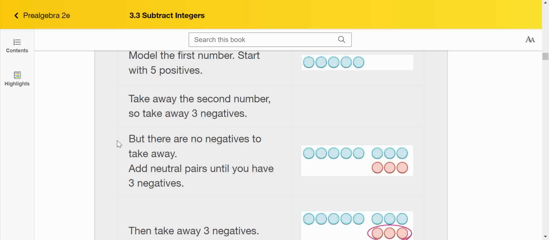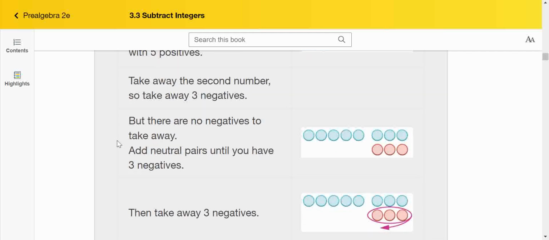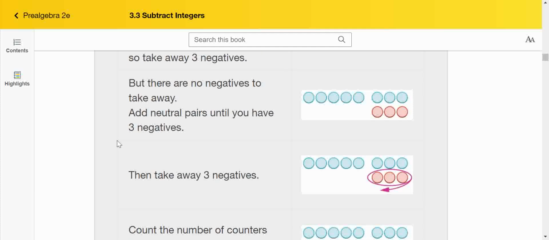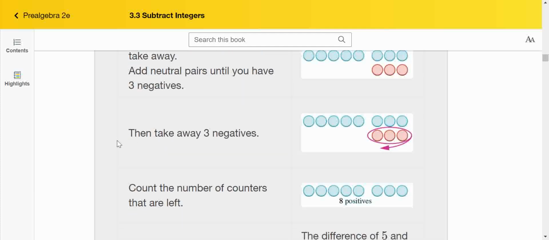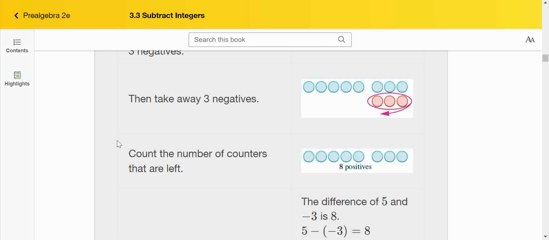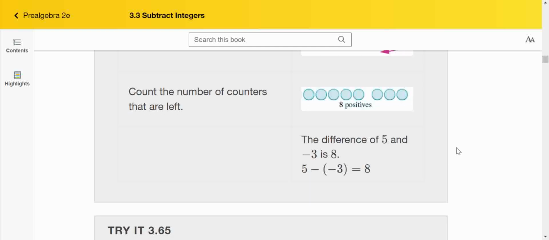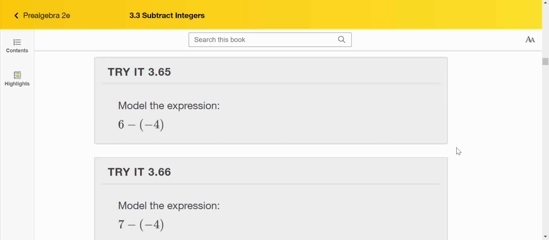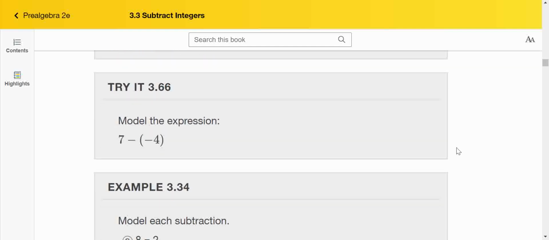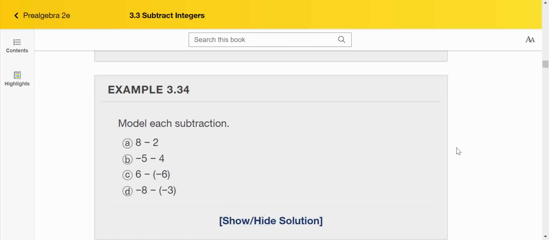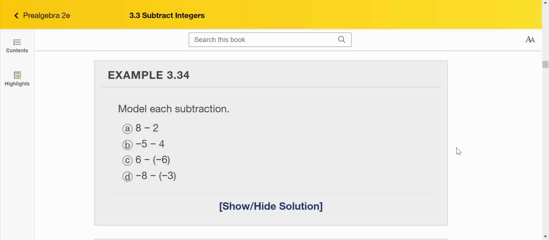So we add neutral pairs until you have 3 negatives. Then take away 3 negatives. Count the number of counters that are left. The difference of 5 and negative 3 is 8. 5 minus negative 3 equals 8. We have some try-it problems and examples here. Example 3.34, model each subtraction.